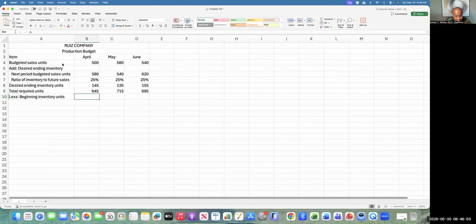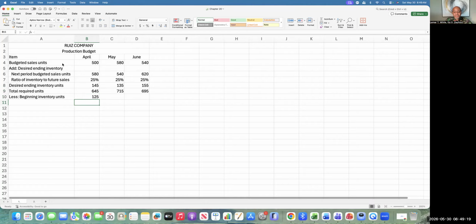The question tells me that my finished goods inventory on April 1st is 125 units. So my beginning inventory, the number of items that I have in stock in April that I do not need to produce because they've already been produced in March, are 125. So what this is really telling me is that I need 645 units, but I already have 125 already produced.